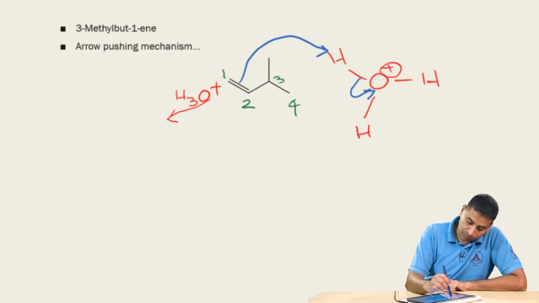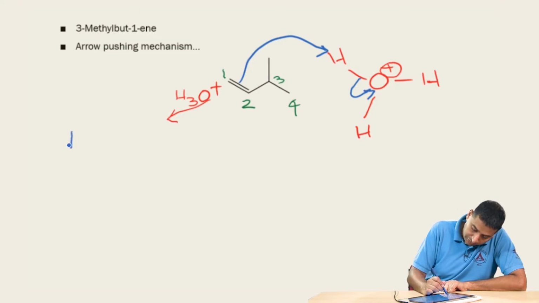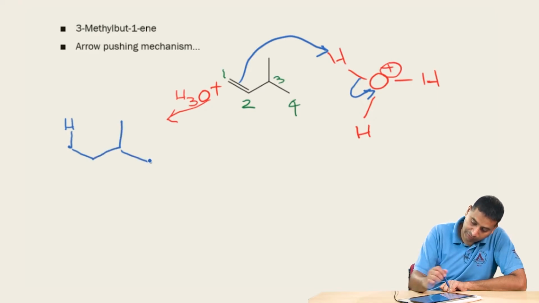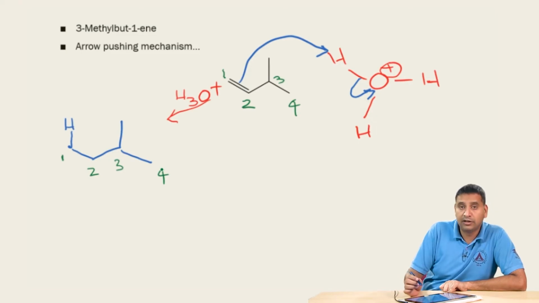Okay. So, once you add H+ to this molecule, you have 2 possibilities. One is that carbon 1 reacts with this hydrogen here, and the product of this reaction would have the H over here on carbon 1, and the rest of the molecule remains the same. Just to go through the numbering once again, this is 1, 2, 3 and 4, and of course, the other carbon is number 5, but this is sufficient for us at this point.